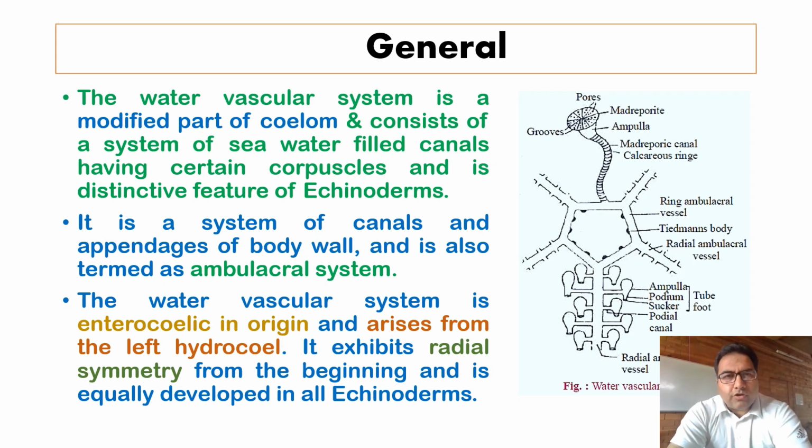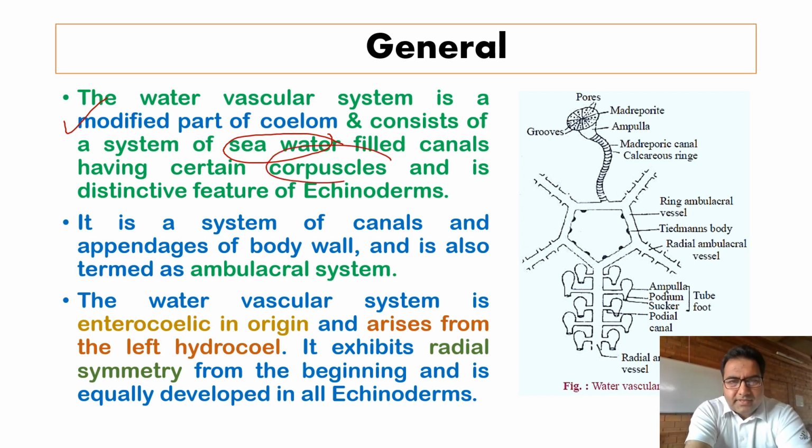First of all, we shall be talking about the water vascular system in general. And we call this water vascular system a modified part of the coelom. Now, what does it consist of? It consists of the seawater, which is in the canals.